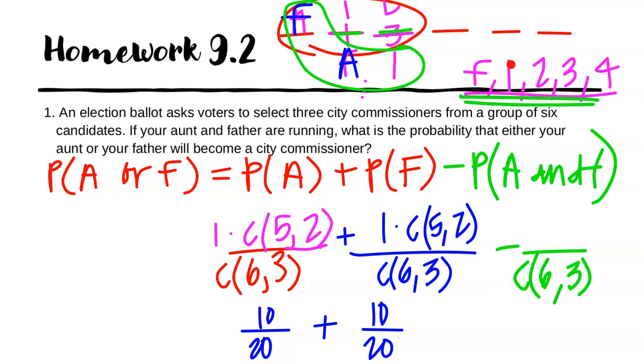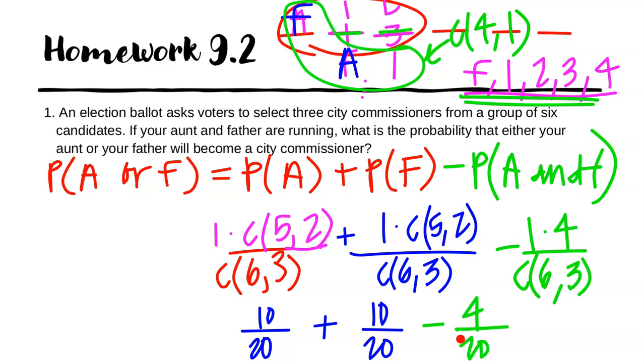It would be with person 1, 2, 3, or 4. So it would have been 1 times just 4, or the combination of 4, 1. So then I would subtract out 4 divided by 20, and then you end up getting 16 out of 20, which is equal to 4/5.